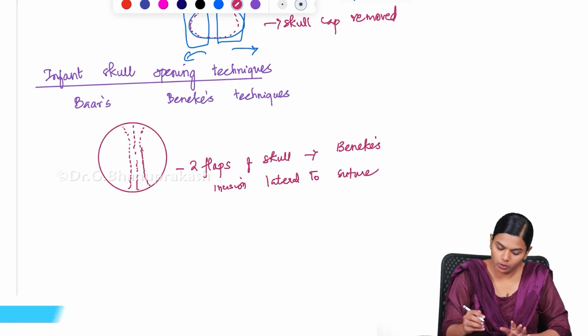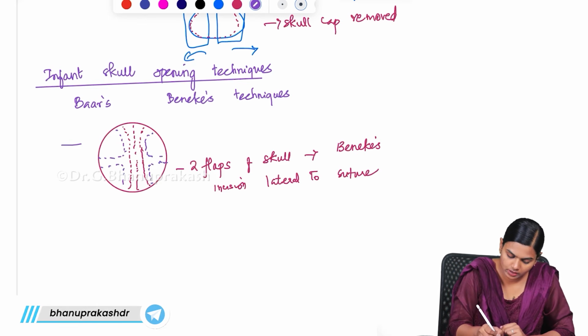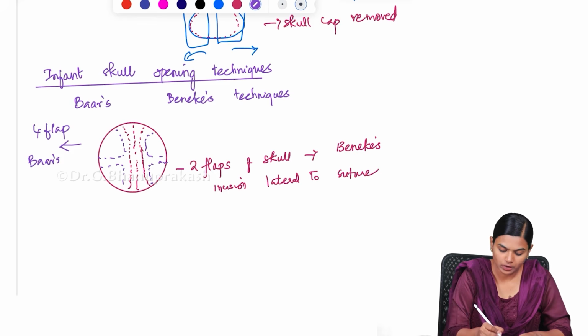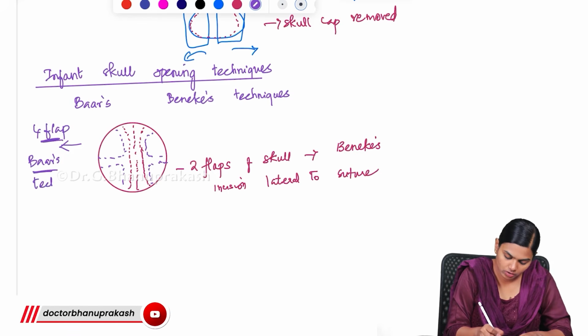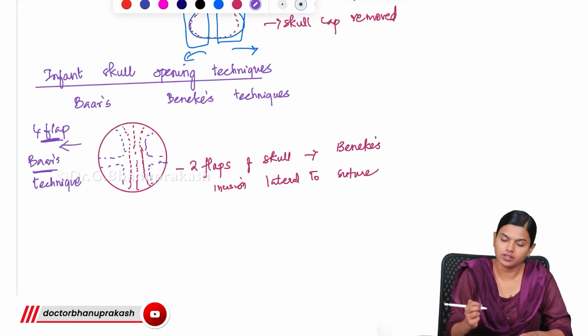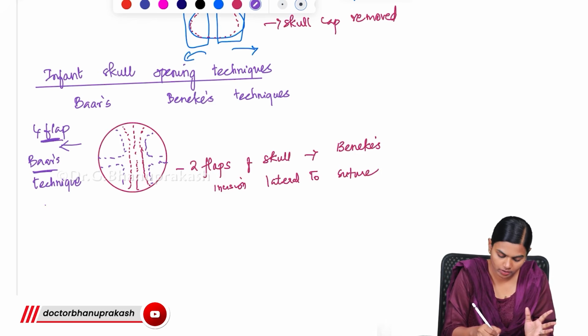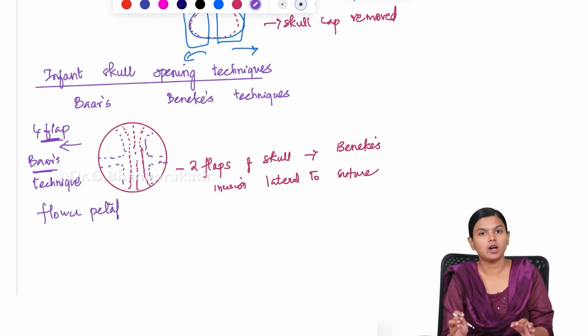But if you do 4 flaps, like a butterfly, like this, so if you open using 4 flaps, we call it Baar's technique. So you will use a scissor and open up like a butterfly, like a petal of a flower. Flower petal, you will open the skull. This is known as Baar's technique.